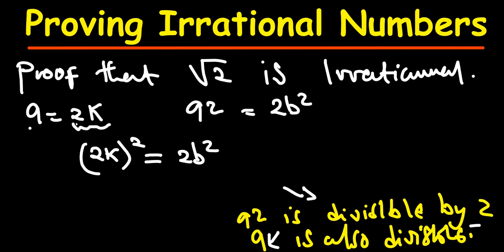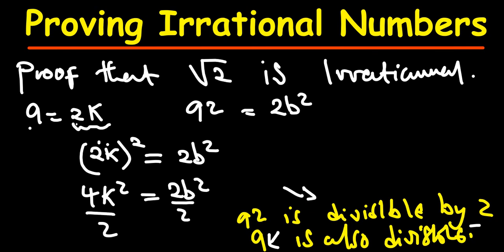So you distribute the power to the 2 and to the k, you're going to have 4k squared equals, on this side, you still have your 2b squared, and then divide both sides by 2. If I divide both sides by 2, I'm going to get 2k squared equals b squared.